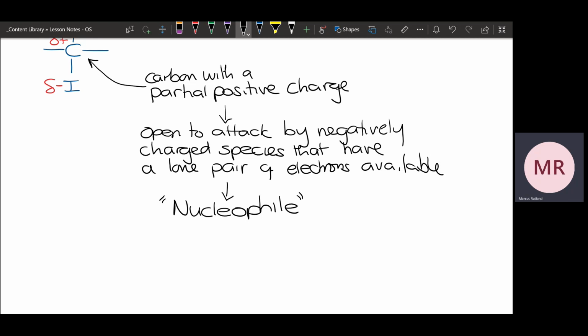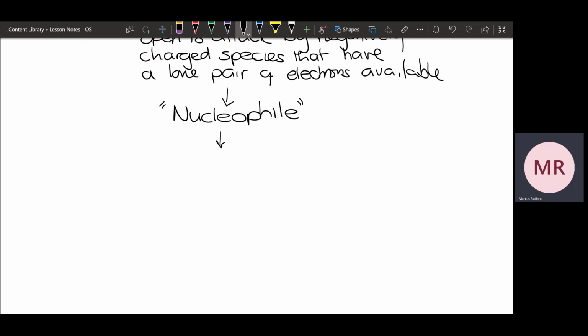So the definition of a nucleophile, again, is a little bit wordy and technical and something that you need to memorize.